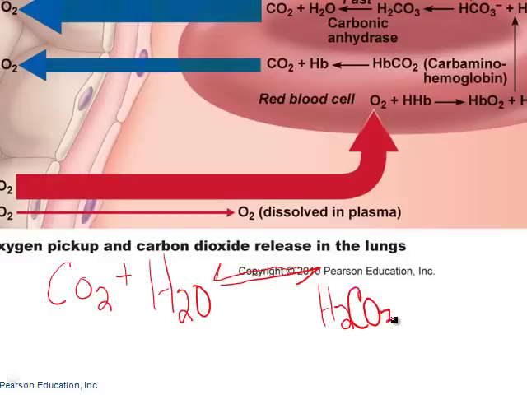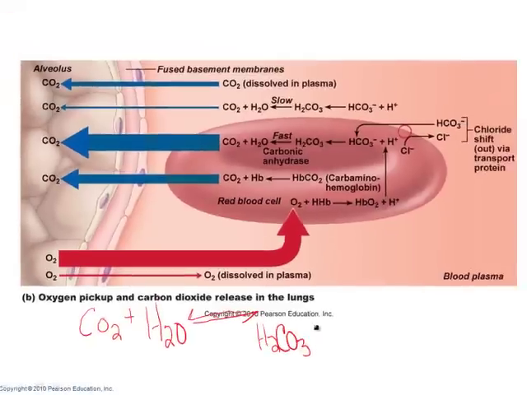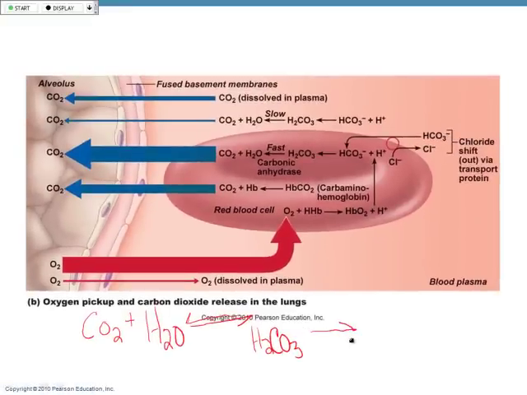H2CO3, and then we'll get another reaction like this, and that leads to H plus and HCO3 minus. What's HCO3? It's a buffer. Okay, it's a buffer that's going to help pick up excess what?